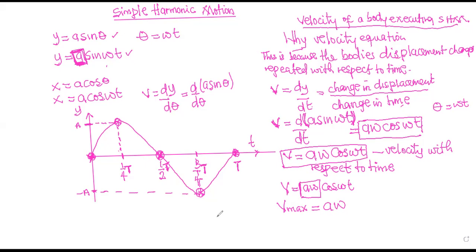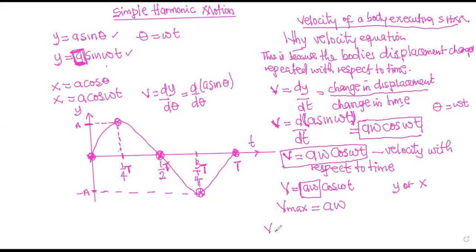So with this, at any given time t, I can use this to calculate for the velocity. So I have the velocity equation with respect to time. If I'm given displacement y or x to calculate for velocity, how do I do it? So we are going to play around this equation.